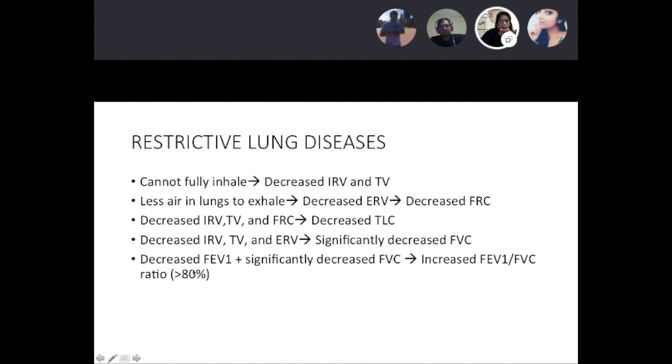And then most importantly, the forced expiratory volume at 1 minute is decreased, and there's also a significant decrease in the FVC, which leads to an actual increase in the ratio of FEV1 to FVC, so it'll be greater than 80.